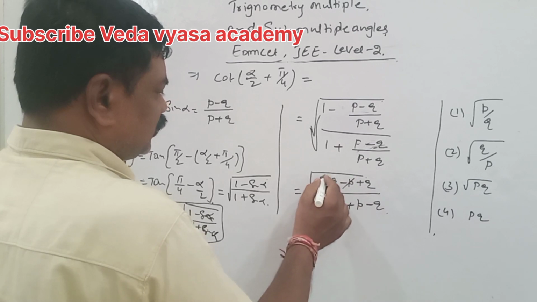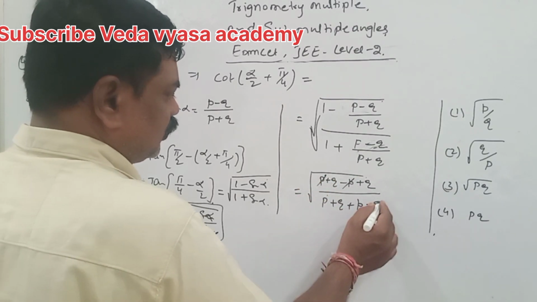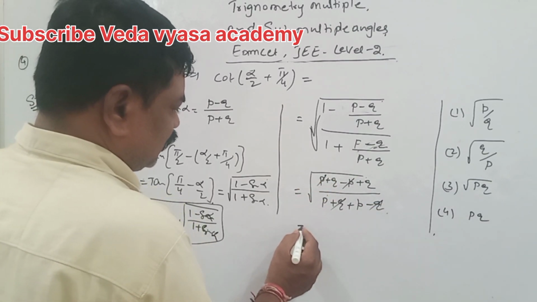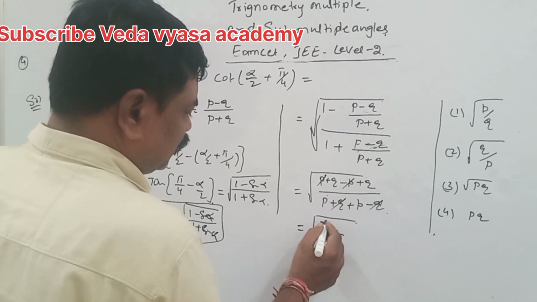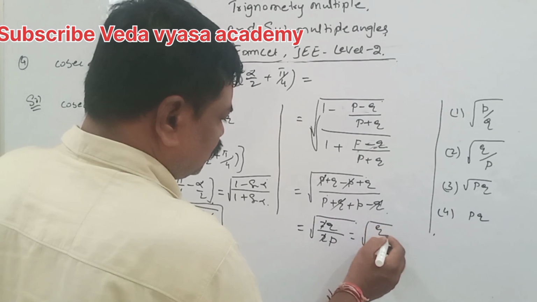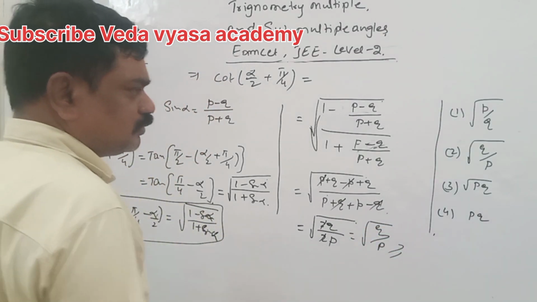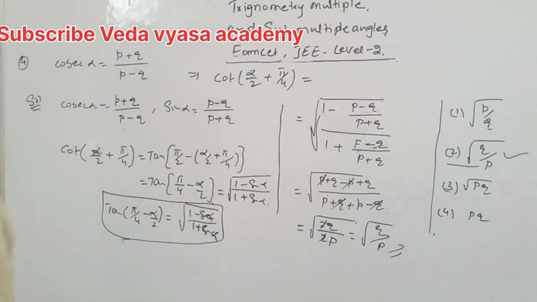In the numerator, minus p plus p cancel, and in the denominator, minus q plus q cancel. Root over 2q by 2p, the 2 cancels, root over q by p is the answer. So we have option 2 is the answer.